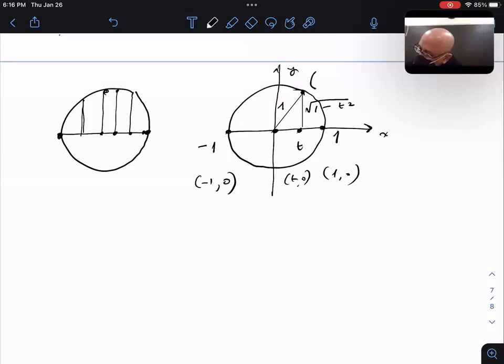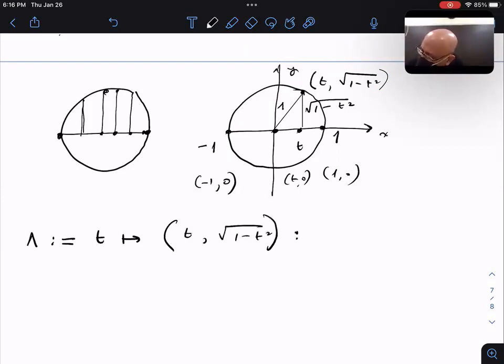The coordinates of this point are t, square root of 1 minus t squared. So if I take lambda to be the parametrization, t goes to t comma square root of 1 minus t squared from the interval -1, 1 to R2. Then I get the top half of the circle.